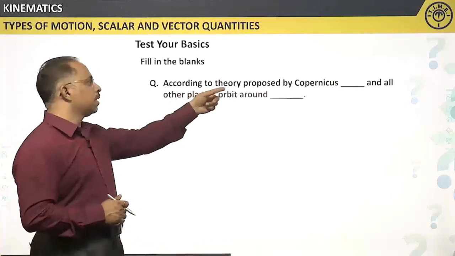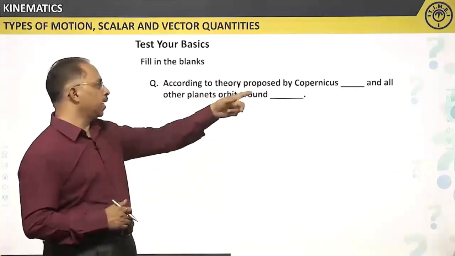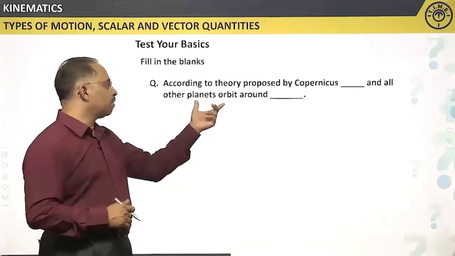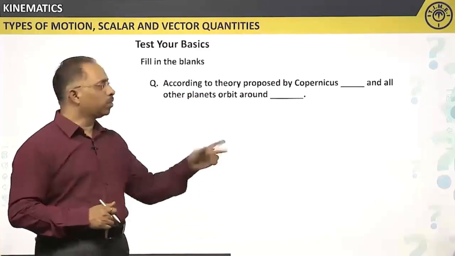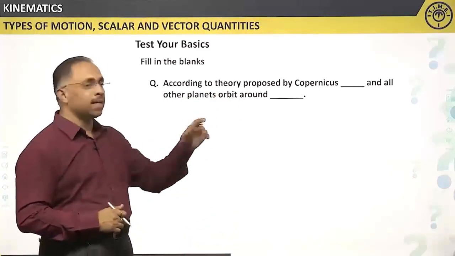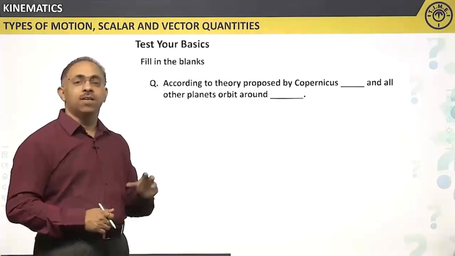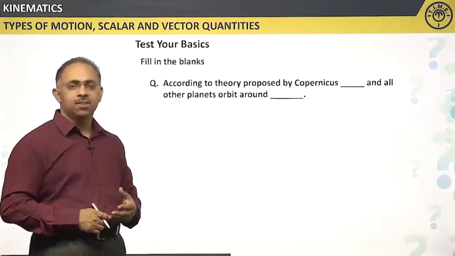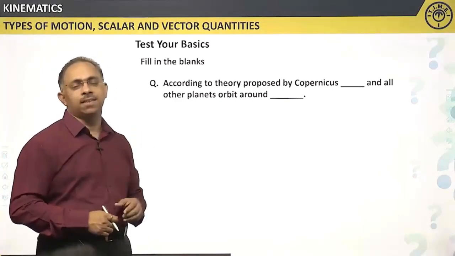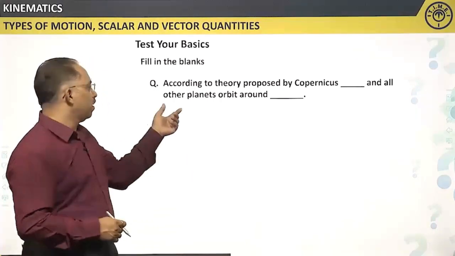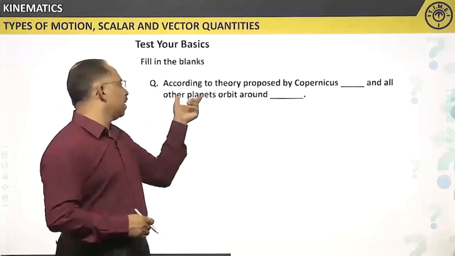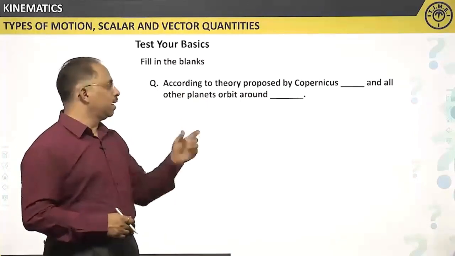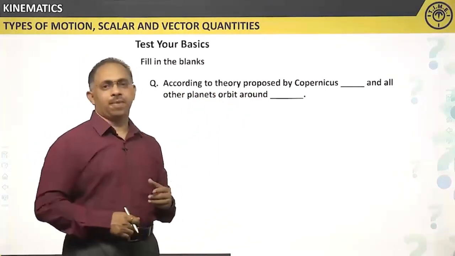Let us move on to the next question. According to the theory proposed by Copernicus, dash and all other planets orbit around dash. We have two blanks over here. What is the Copernican theory called? Heliocentric theory, right? So, when you refer to the word heliocentric theory, dash and other planets orbit around what?